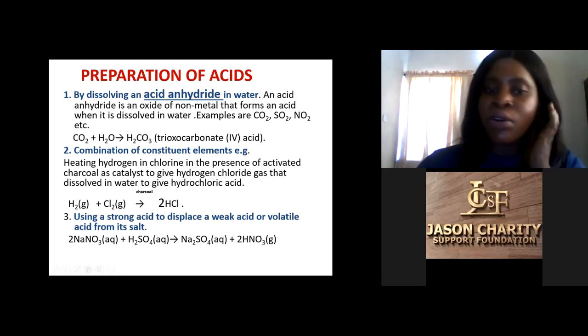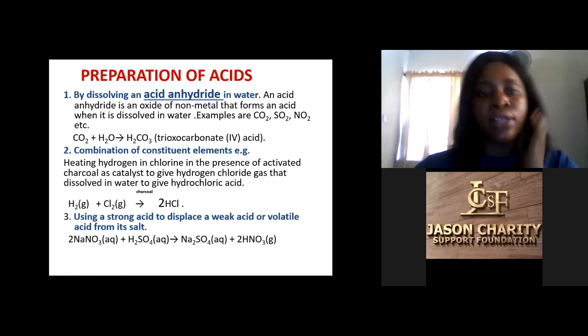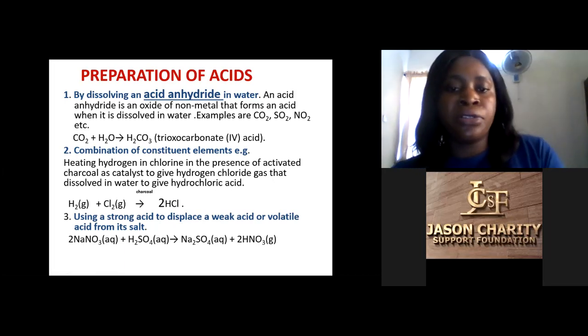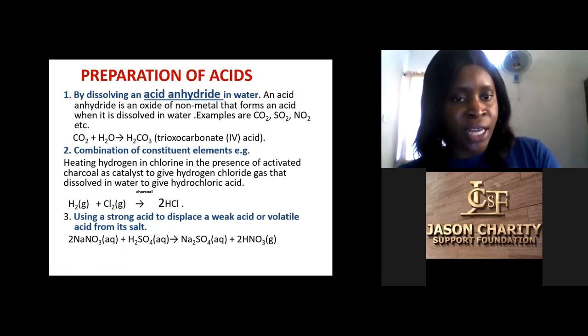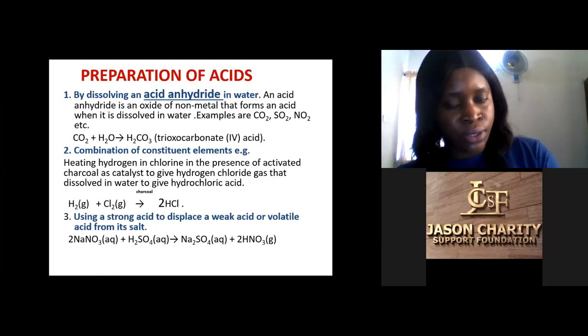All right, so we also have the strong acid. Another method is by using a strong acid to displace a weak acid or a volatile acid in a solution. The tetraoxosulfate 6, and then you also have the sodium nitrate.